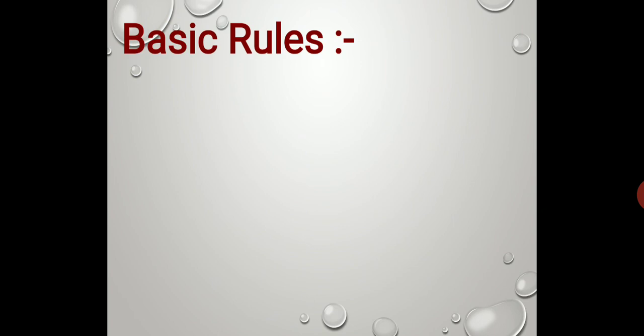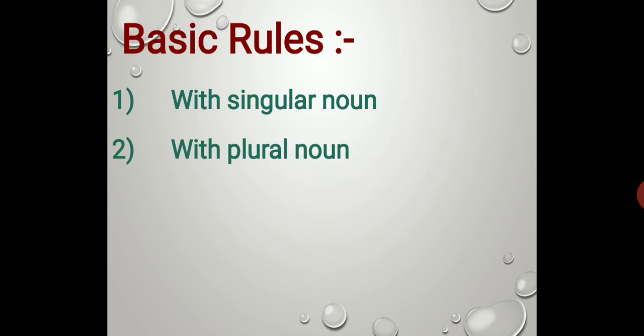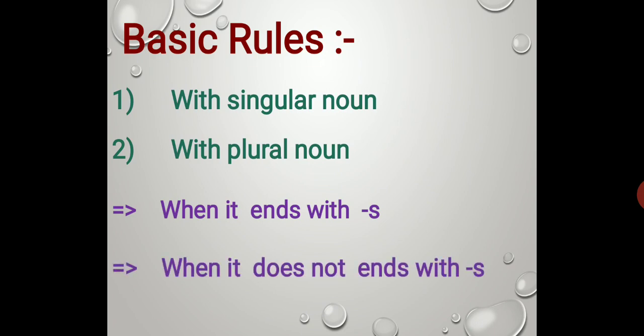Now we are going to start the basic rules of possession. What are the basic rules? With a singular noun and with a plural noun. In the plural noun, there are two possibilities: when the plural noun ends with s, and second, when the plural noun does not end with s.